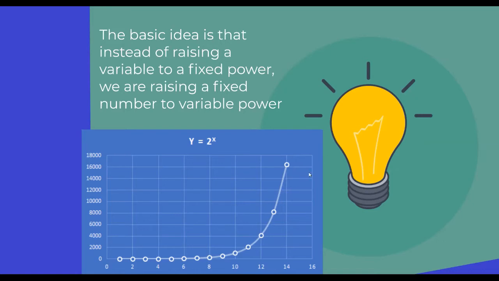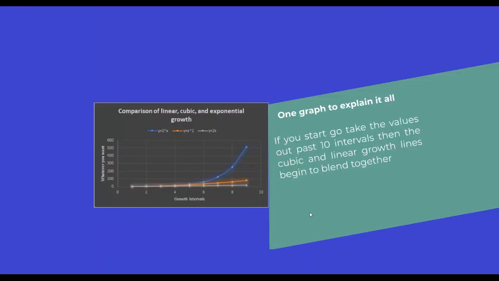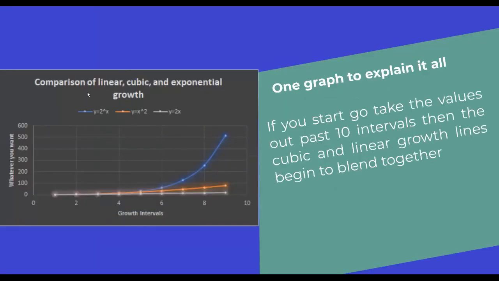To put this all into perspective, we're just going to do a comparison, and we are going to look a lot more at exponential growth in a second. Here's linear growth on the white line. Here's our geometric growth on the orange line, and here is exponential growth on the blue line.